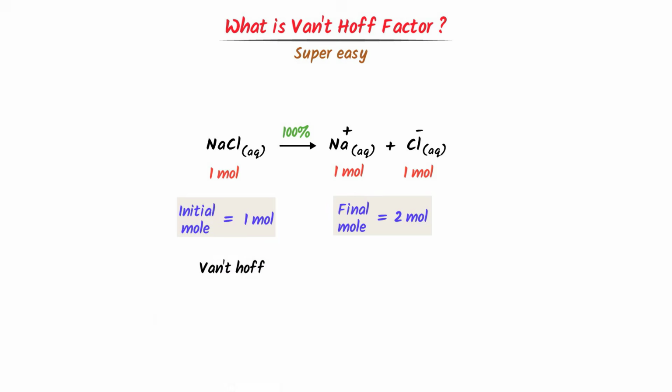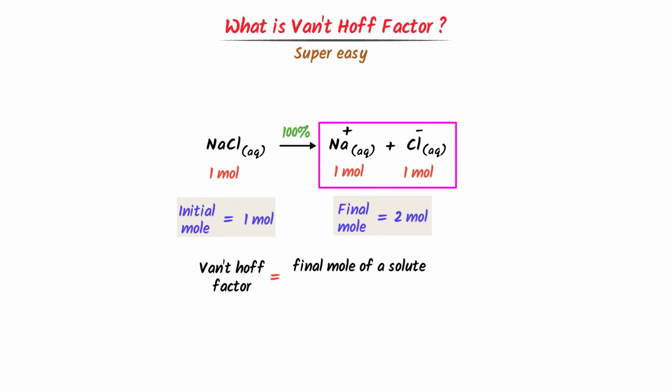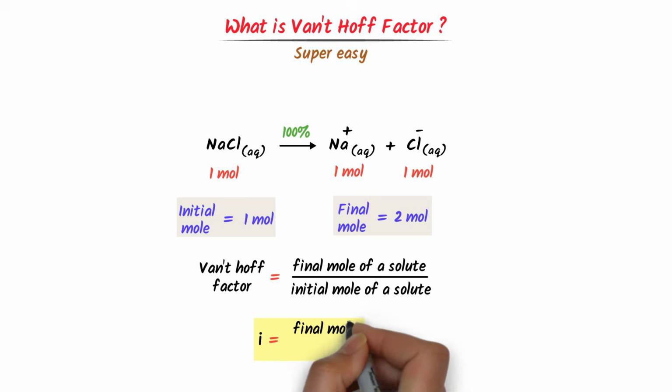Here, Van't Hoff factor is equal to the final moles of a solute after dissociation upon the initial moles of a solute before dissociation. Personally, I teach Van't Hoff factor as i is equal to final moles upon initial moles.